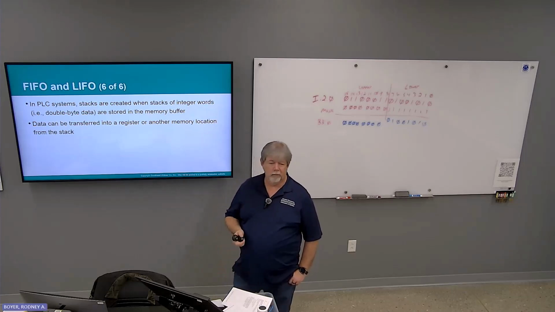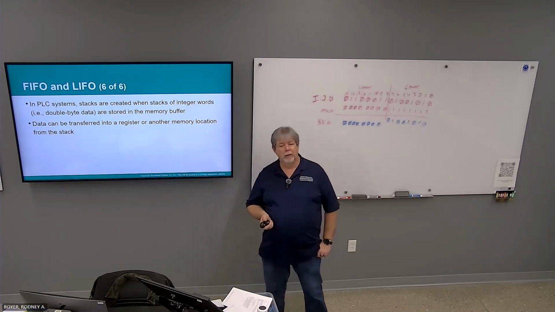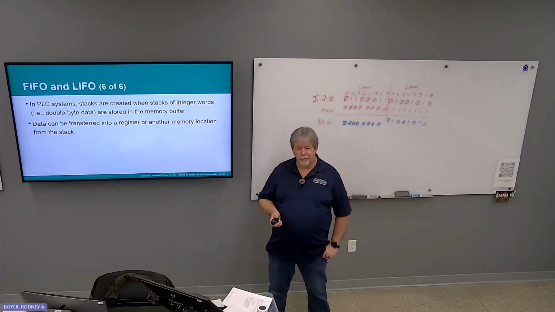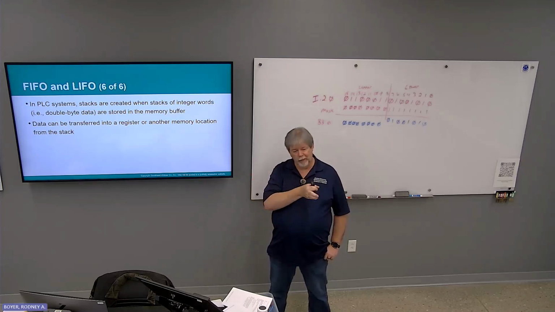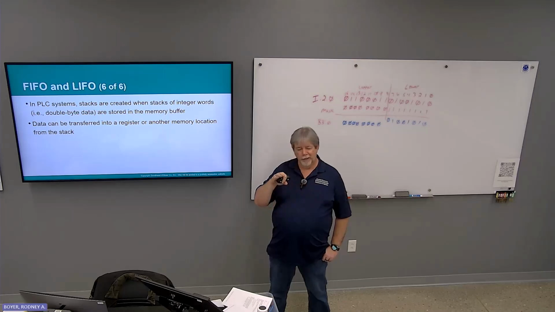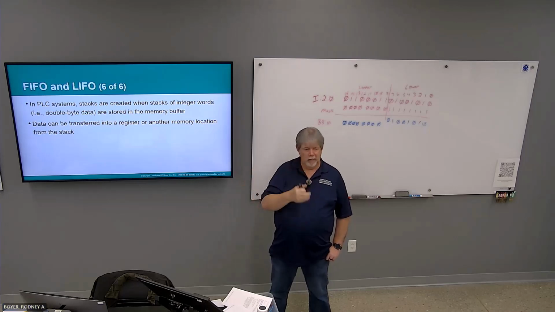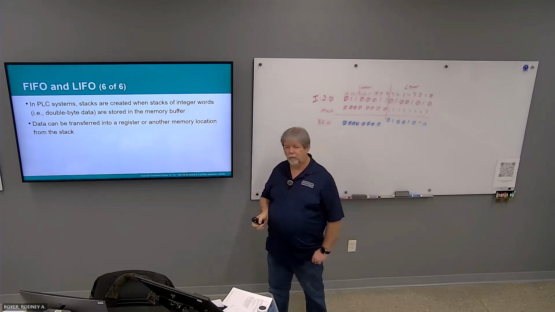So think about the way your PLC scan works. Input scan reads the status of the inputs, updates the input data table, processes the logic, updates the output data table. Output scan takes what's in the data table and writes it to the physical outputs. Okay.